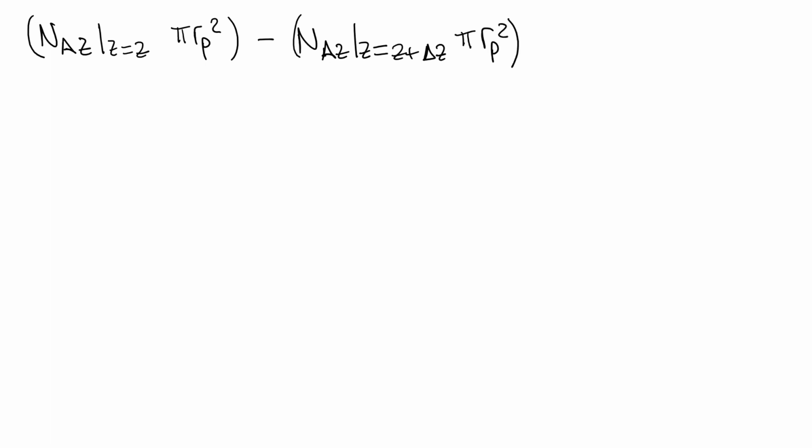NAz at z equals z, pi Rp squared, minus NAz at z equals z plus delta z, pi Rp squared, minus k pi Rp squared delta z equals 0. Then notice that here this area is constant. Otherwise, I would have needed to include it in here.